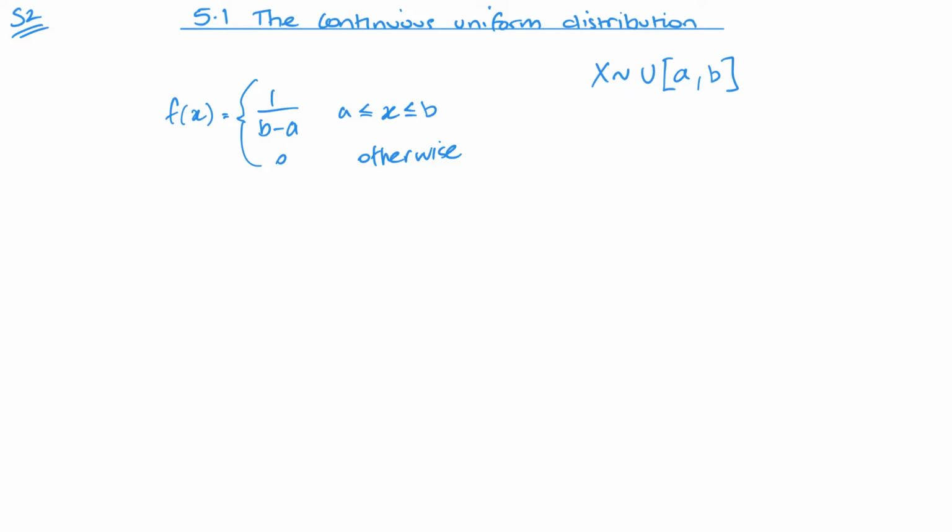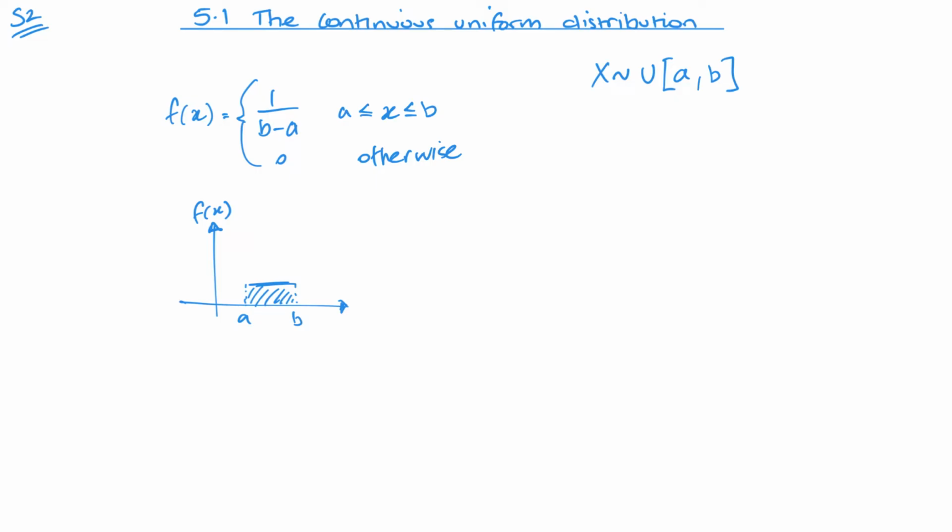And in terms of a diagram, which is the easiest thing, I tend to use a lot of diagrams for this, we get a rectangle like so between a and b. This is the easiest way to think of it. It is sometimes called a rectangular distribution.